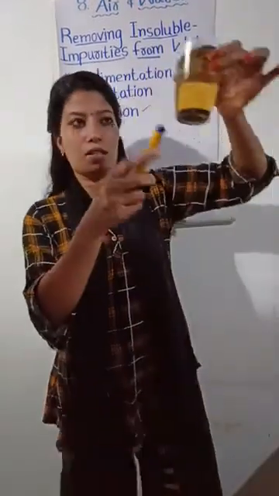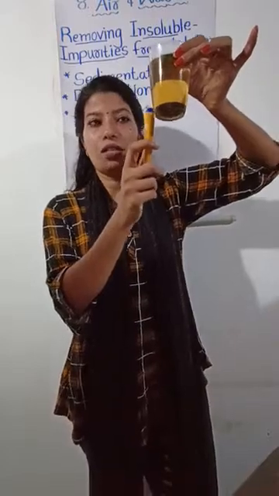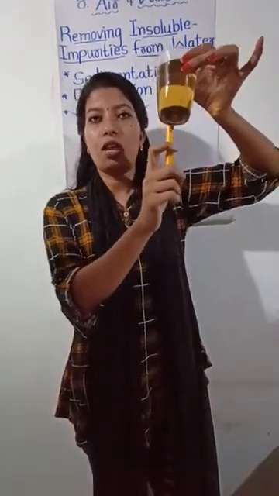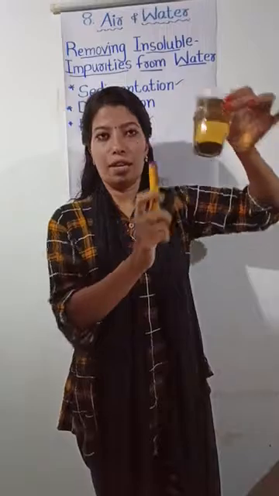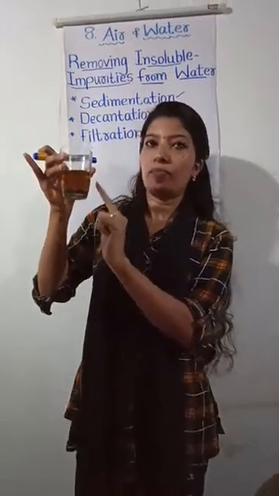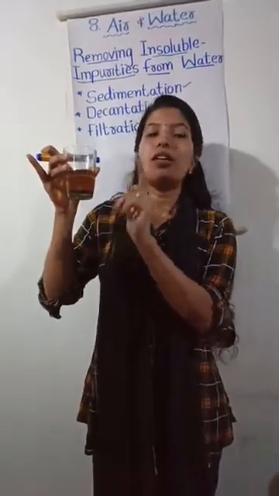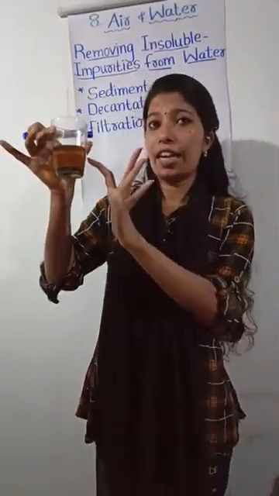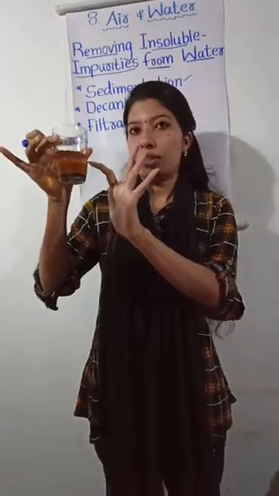So we keep this container with the mixture undisturbed for some time, and after some time it sediments. The clear water is then poured into another container. This is the clear water, which is not 100% pure.